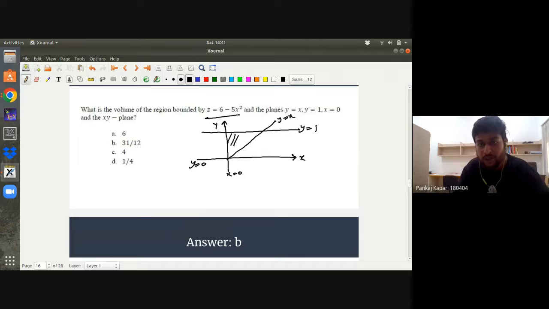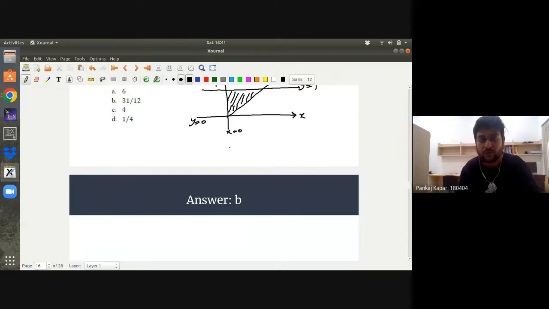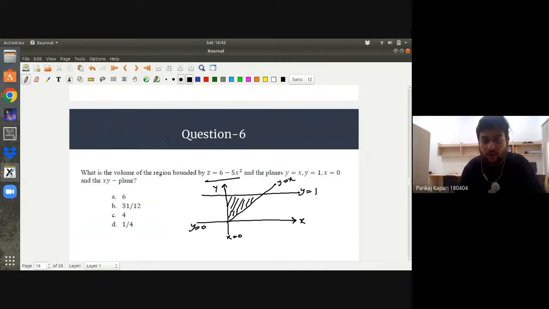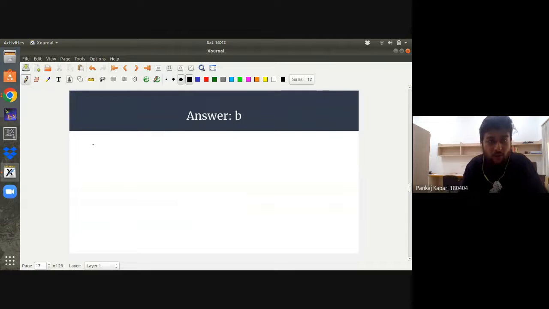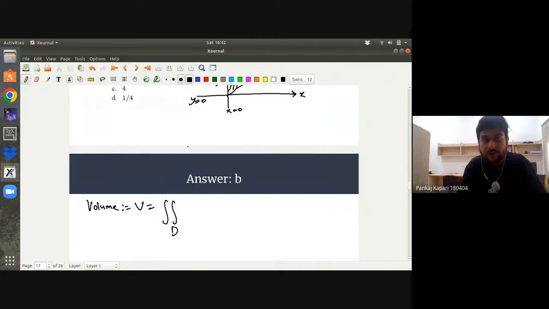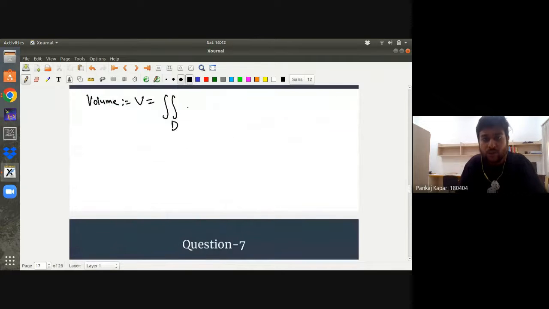So this is the projection of the region in the xy plane, and we have to integrate this function over this region to find its volume. Let's call this region D. The volume, which we define as V, is precisely the double integral over D of the function 6 minus 5x square, integrated over the domain dy dx.